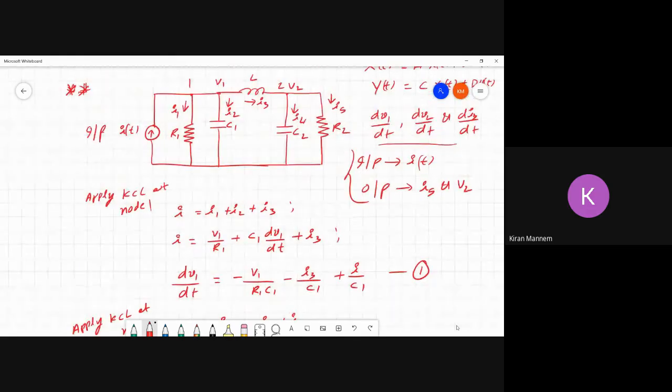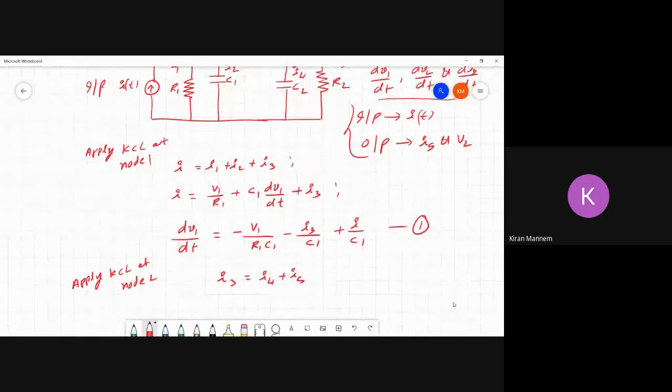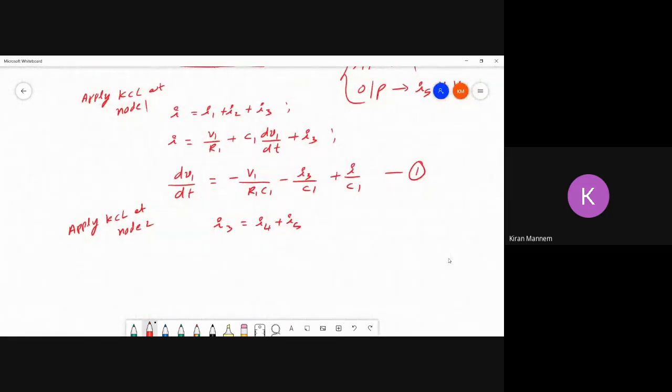Look at this, I3 is equal to I4 plus I5. Now what is I4? I4 is C2 into dV2 by dt, plus, what is I5? I5 is V2 by R2.